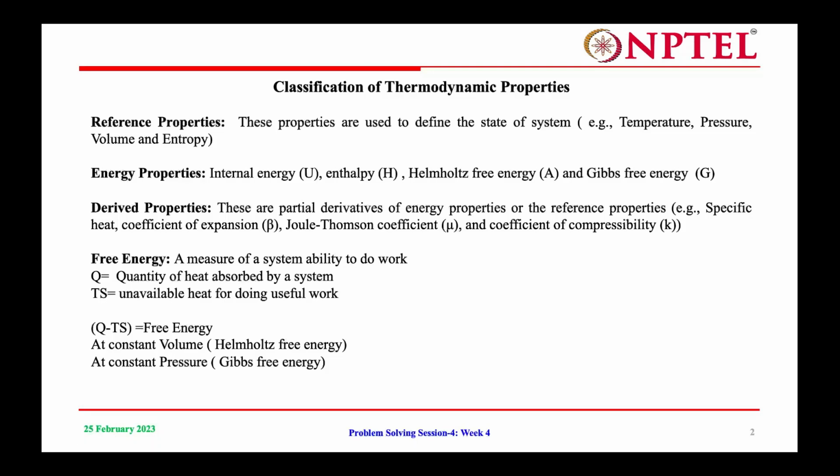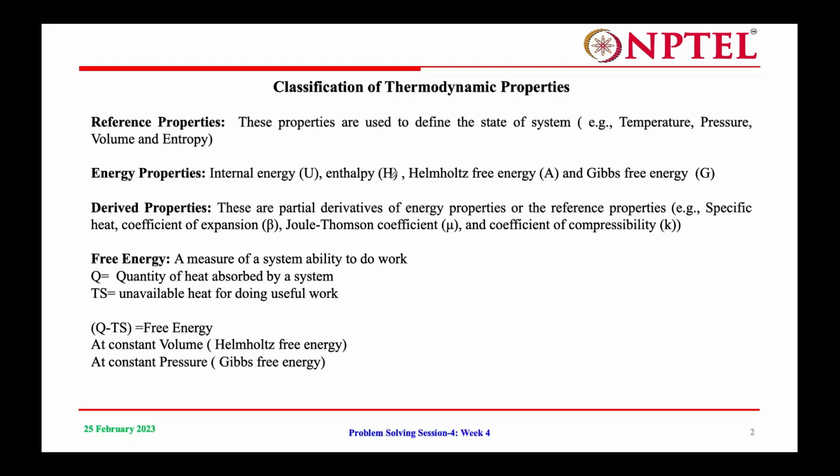So first we will see the classification of thermodynamic properties. There are three types of properties: reference properties, energy properties, and derived properties. Reference properties are used to define the state of the system, such as temperature, pressure, volume, and entropy. Energy properties are internal energy, enthalpy, Helmholtz free energy, and Gibbs free energy.